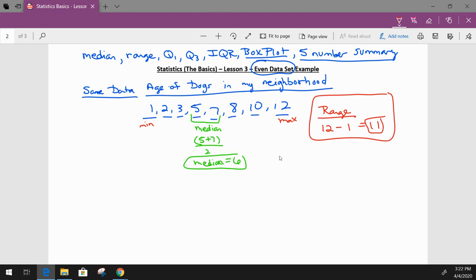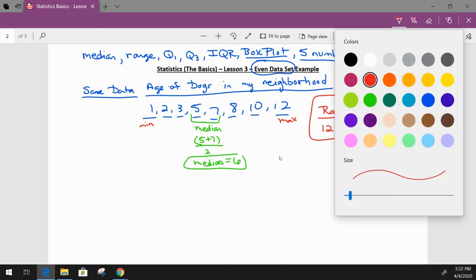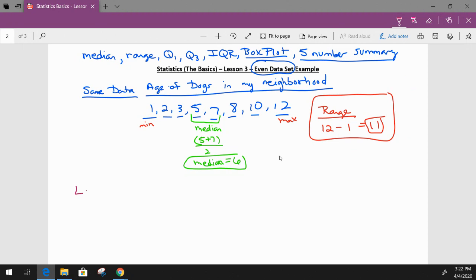Your lower quartile, which we also call Q1, is the median of the lower half of the data, or the data below the median. Since we have 8 pieces of data, there are exactly 4 pieces to the left and 4 to the right.